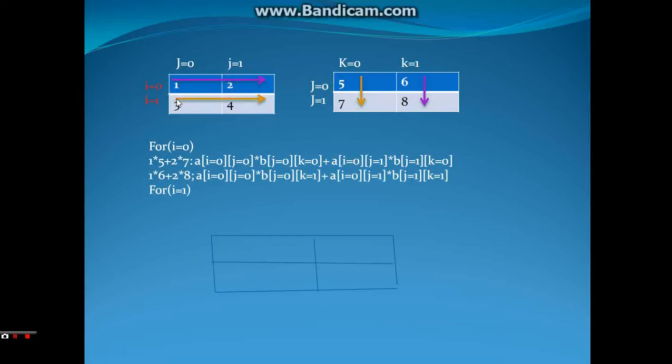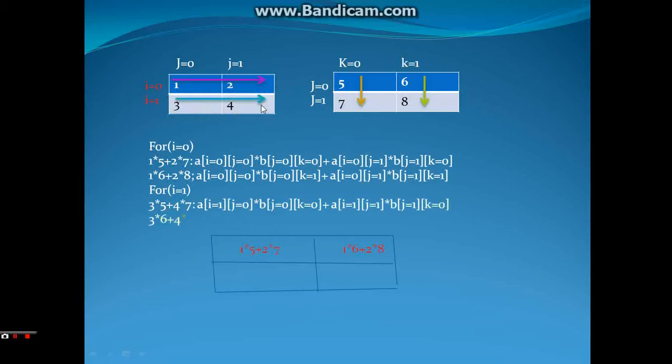and then multiplied through the second row and first column, and we get the resulting matrix as this. After multiplying the second row and first column, we get 3 into 5 plus 4 into 7.